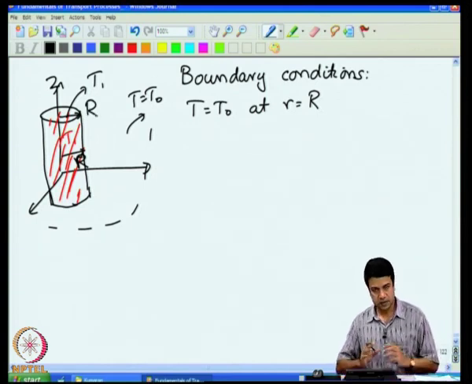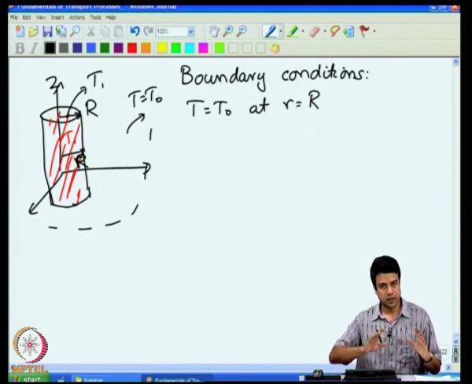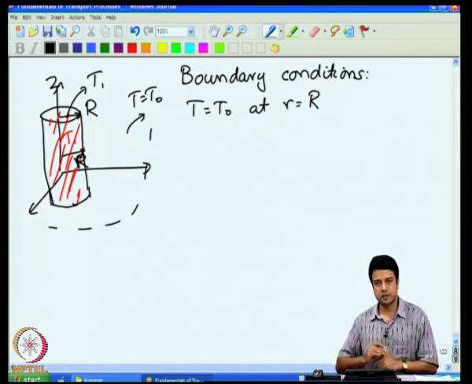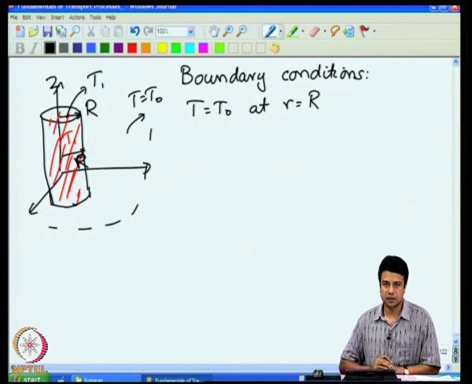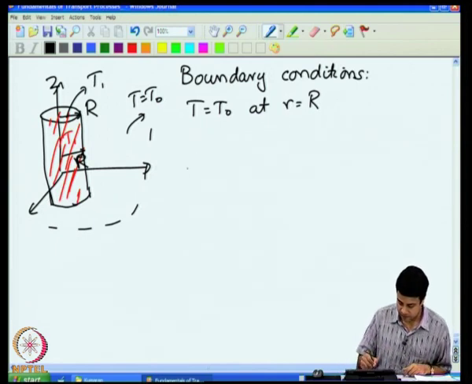Since the cylinder is immersed in a bath at temperature T naught, the temperature at the surface of the cylinder also has to be at the same temperature T naught at r is equal to capital R. Initial condition, I can think of one quite easily.